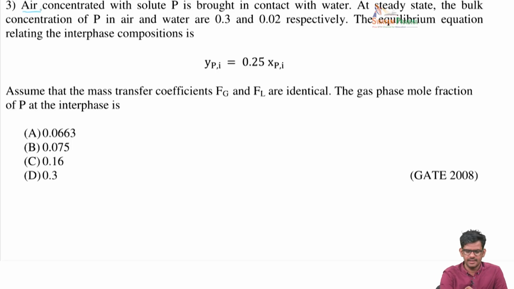So in this problem, we have air with solute P. Generally we say solute A. So here they have given P, so it can be any letter. Okay, so instead of A we are going to use P as an index for the solute, otherwise the same thing. It's in contact with water.